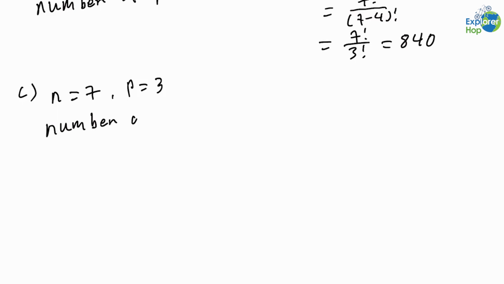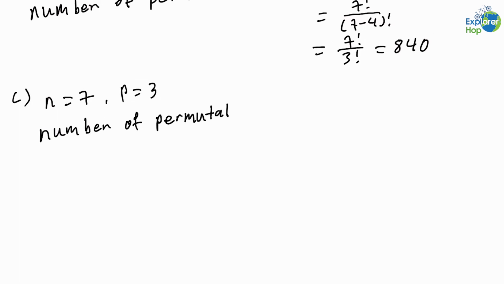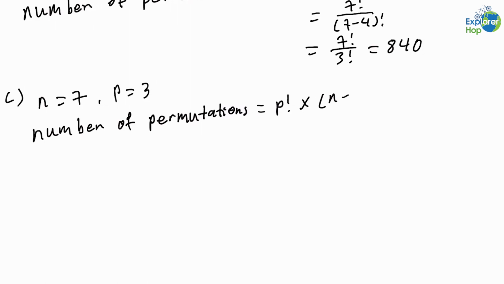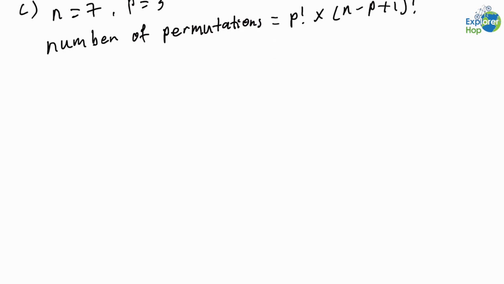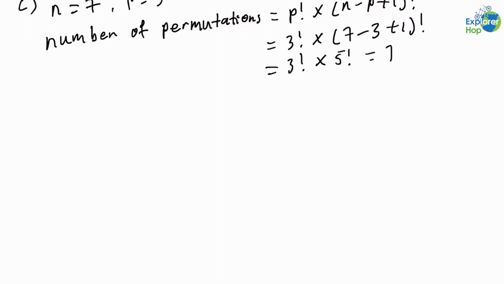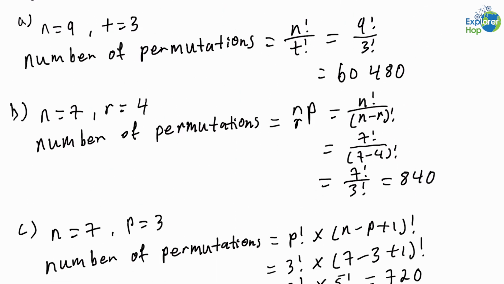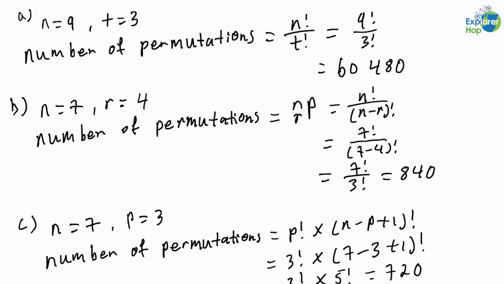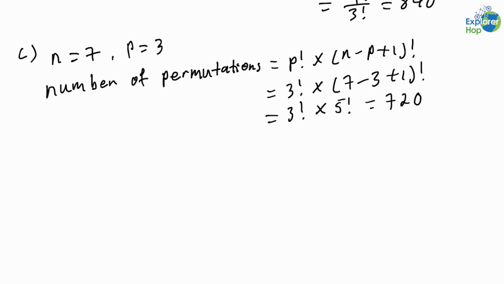So the number of permutations is equal to P factorial times N minus P plus 1 factorial, which is equal to 3 factorial times 7 minus 3 plus 1 factorial, which is equal to 3 factorial times 5 factorial, which gives us 720. And that gives us the number of permutations of the 7 letters in which the letters N, T, and G are together. And that's it for this example.